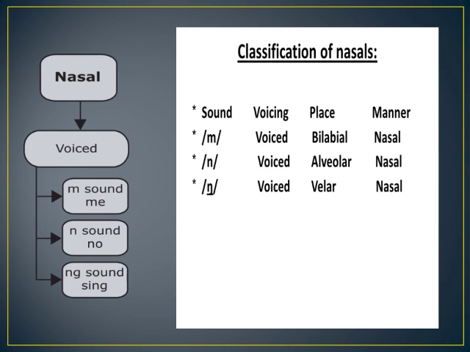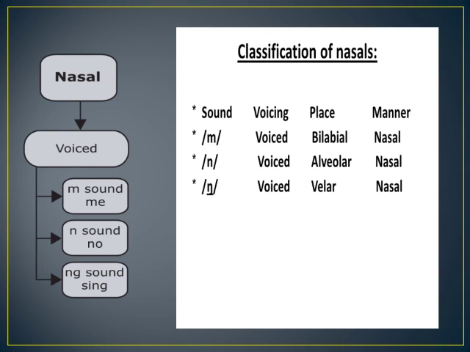As in me, the consonant is m, and in no, the consonant is n, and in sing, the ng is the ng sound. So these are the 3 nasal sounds, and all the nasal sounds are voiced.